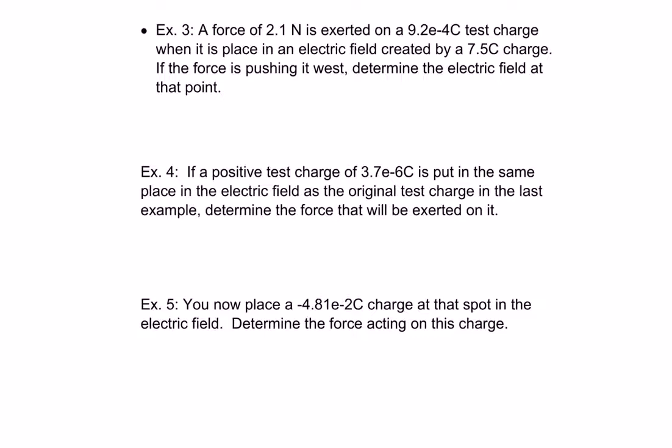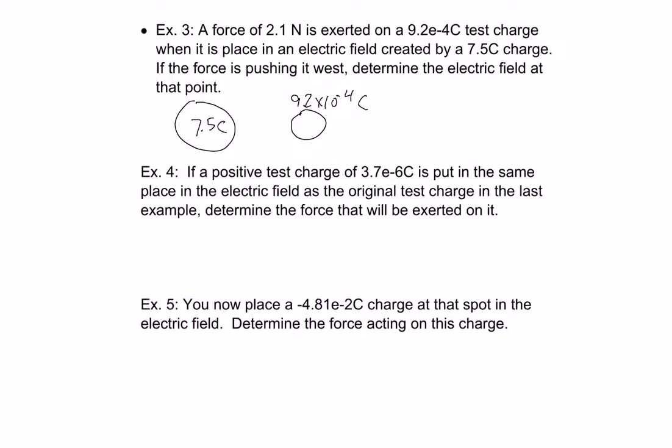So let's do a couple more quick examples. The first one says a force of 2.1 newtons is exerted on a test charge when it's placed in the electric field by a different charge. It's asking, if the force is pushing it west, determine the electric field. So we've got our source is positive 7.5, and we have our test charge that's 9.2 times 10 to the negative 4.